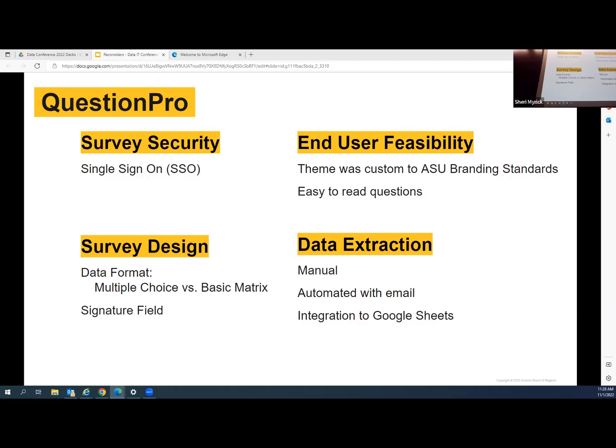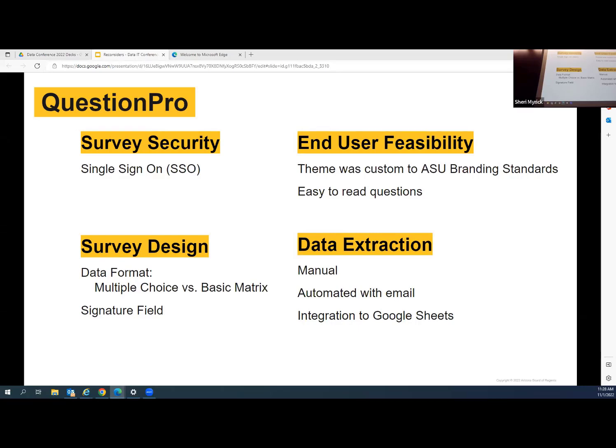And I had to make sure we were using easy to read questions. Based on the data set that Jeff had provided, it was, okay, what information do we need now for admissions? And really just make it simplified. With that, we played around with the design of it. With Question Pro, there are different matrices you can use.